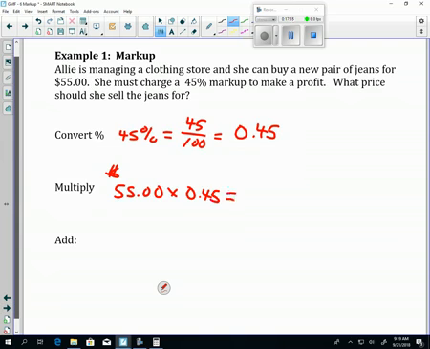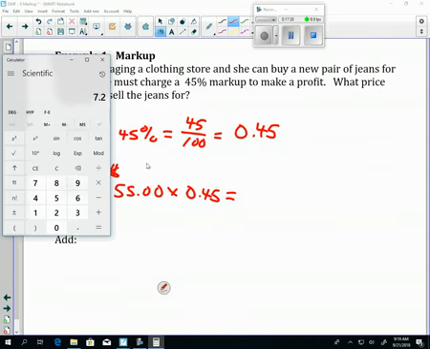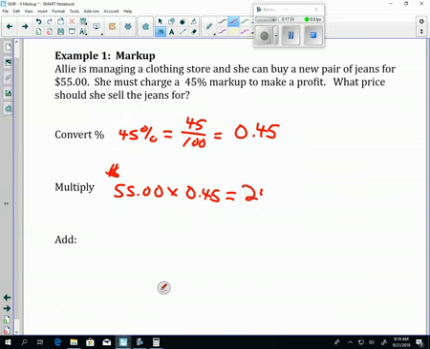I'll go to my calculator. $55 times 0.45, and it's $24.75. So now she has to add that to what she paid for. She paid $55.